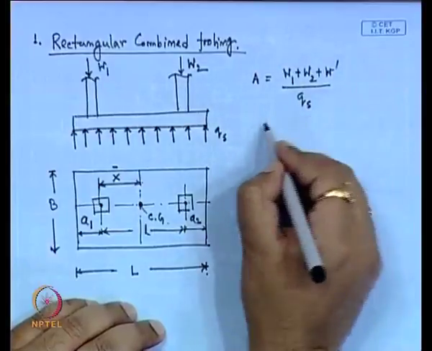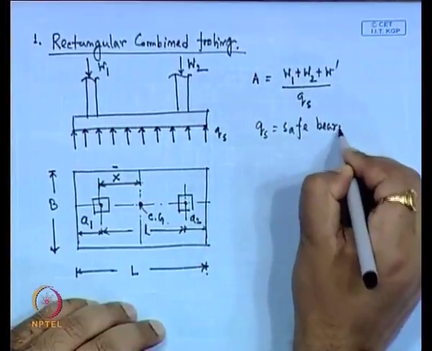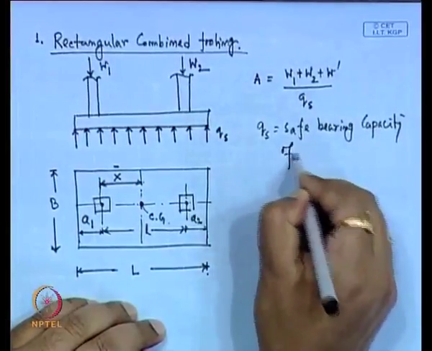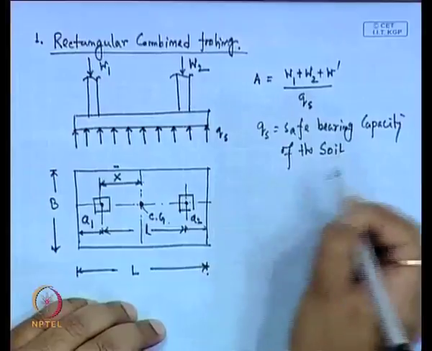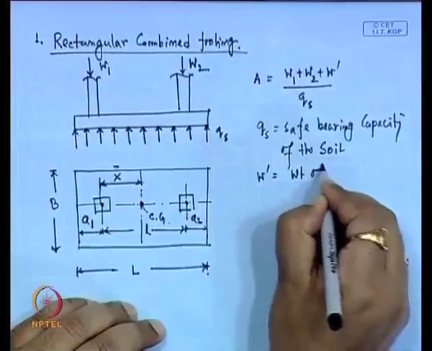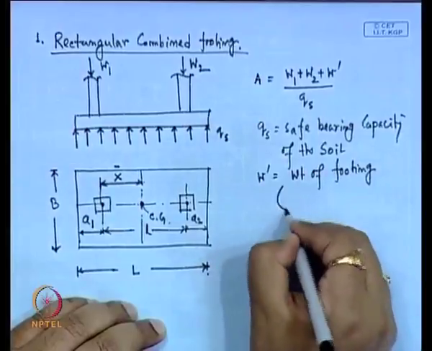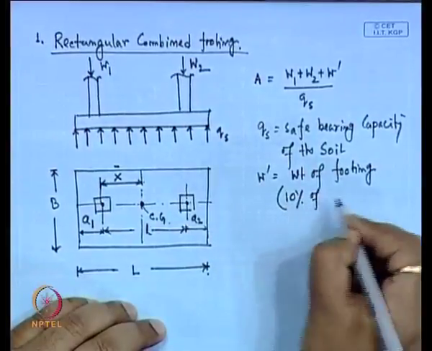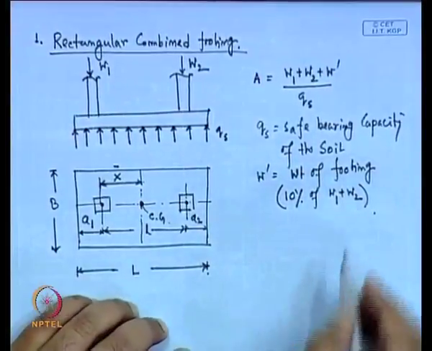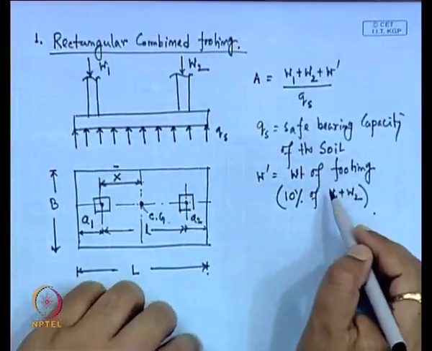This Qs is the safe bearing capacity of the soil, and W dash is the weight of the footing, which is generally taken as 10% of W1 plus W2. That means the total load acting on this foundation, and the footing or foundation weight will be 10% of that total load.